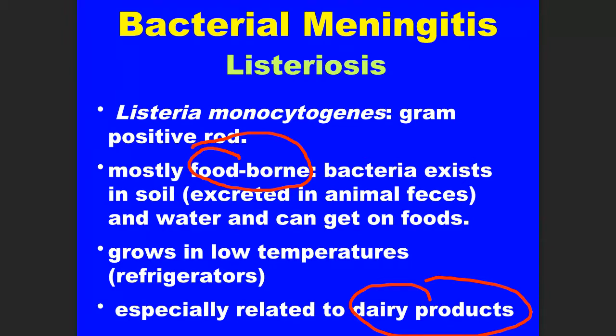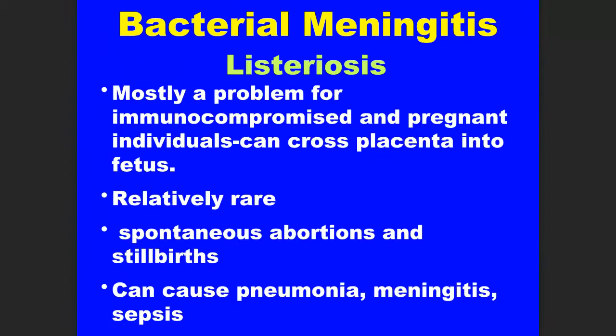So it's mostly a foodborne illness, but people that have a healthy immune system really don't have to worry about this at all. A person with a weak immune system might have to worry about this, and pregnant women would have to worry about this. When I say pregnant women have to worry, it's not for her. It doesn't really cause a lot of problems in the pregnant woman.